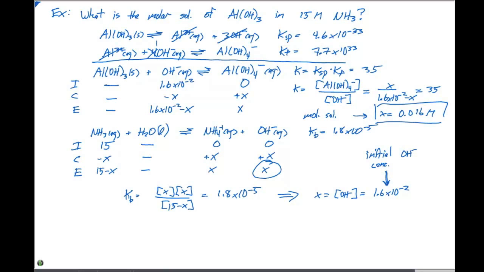So to jump back and recap what we've just done and reflect on what's going on, you have a particular solid, aluminum hydroxide. We place that in solution. When we place that in solution, think about the equilibrium expression that's being established.